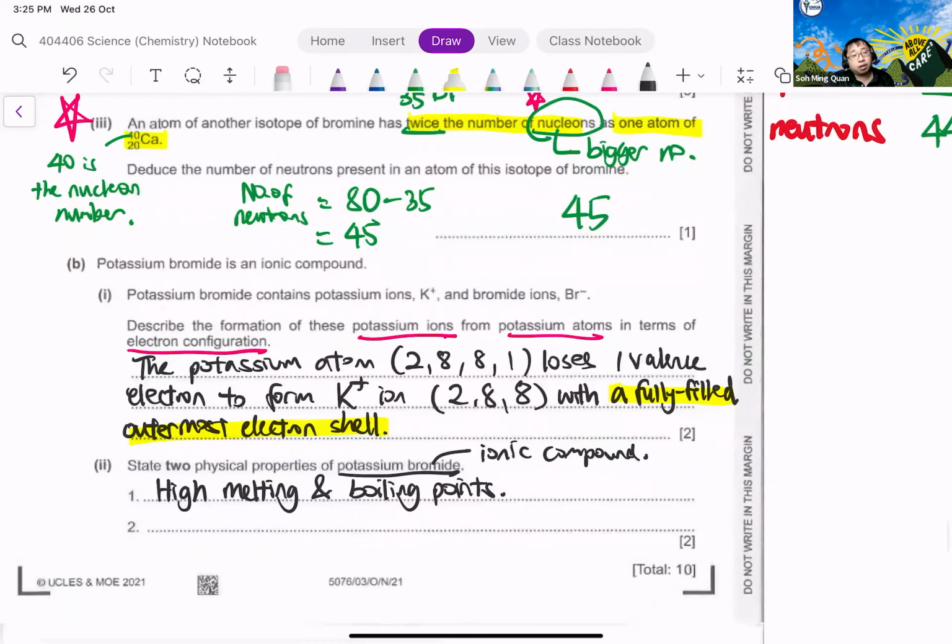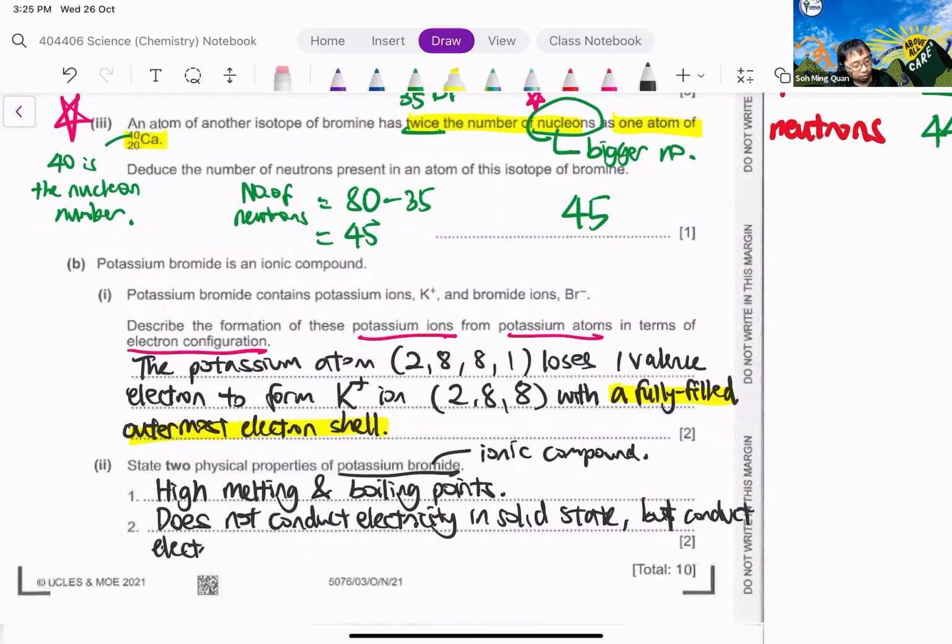Next is about electrical conductivity. Potassium bromide does not conduct electricity in the solid state. But conduct electricity in the molten and aqueous states.